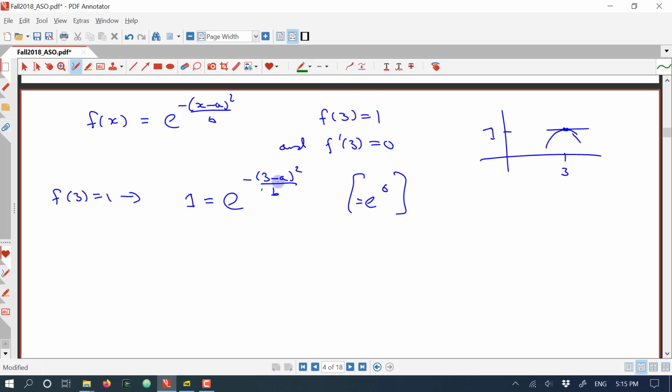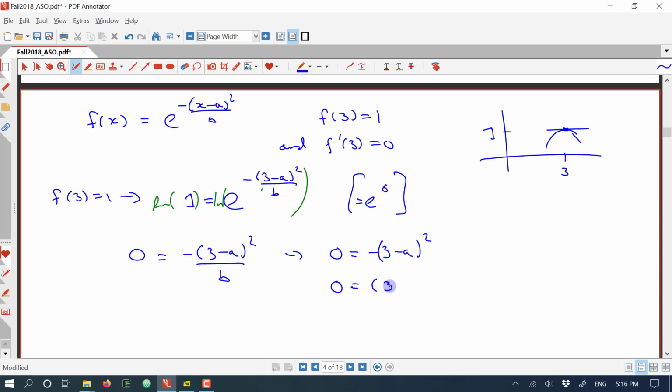We still know we need to solve for a and b, and the natural way to do that, given that they are in the exponent, is to take the logarithm of both sides. Now, natural logarithm of 1 is 0, nice and simple, and then the ln and the natural base e are inverses of each other, so we end up with just the exponent, exactly the same place we would have if we'd set the exponent equal to 0 here, and then we start solving. We can't solve for b, because I can multiply the b up, but we do get 0 equals negative (3 minus a) all squared.